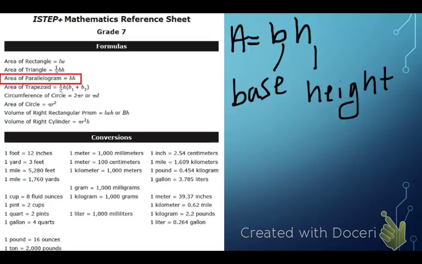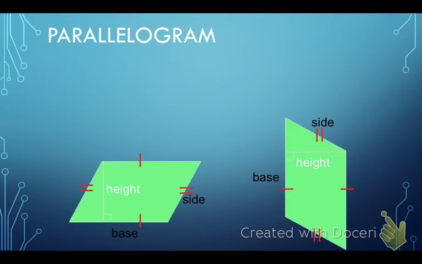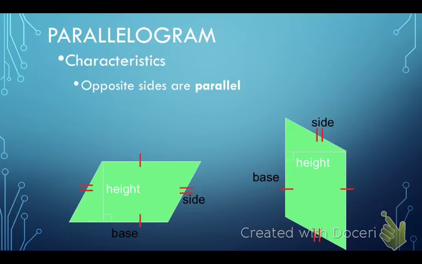Before we get started with area, I want to talk about a couple characteristics of parallelograms. These are two pictures of how you're going to see parallelograms. One, opposite sides are parallel. That means that these two sides would be parallel, and these two sides would be parallel.